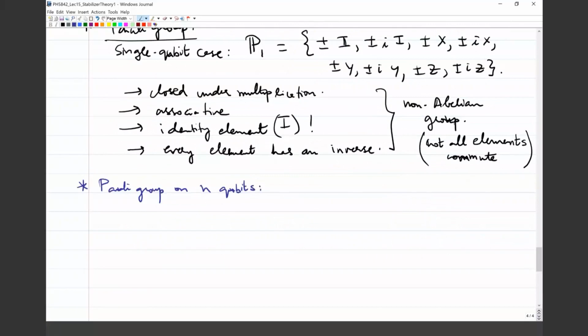Well, it is simply tensor products of this form, where you have identity tensor something.